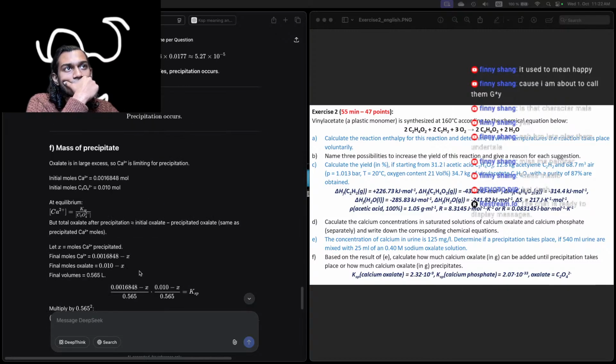Initial moles, equilibrium. Let X equal moles of Ca2+ precipitated.